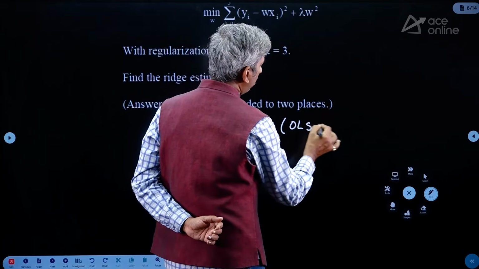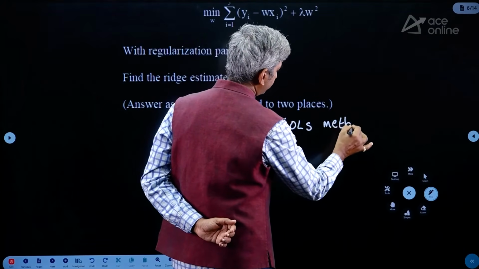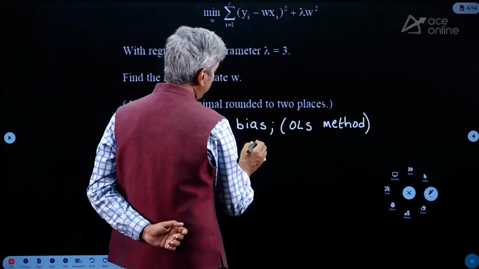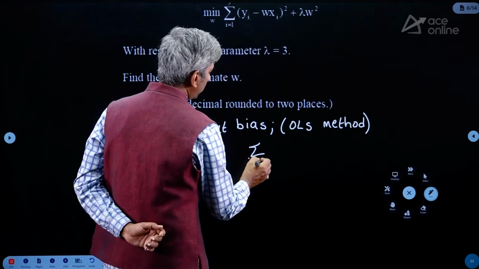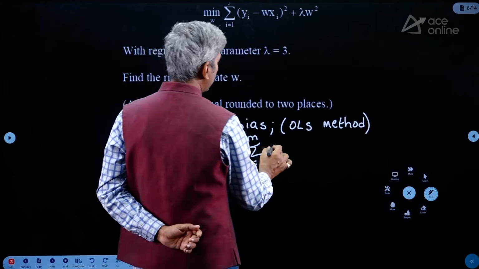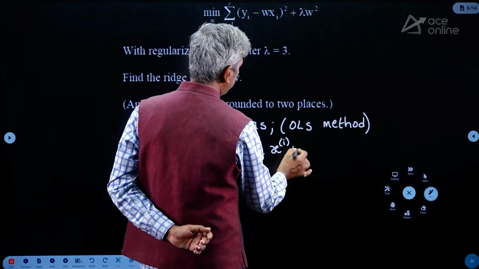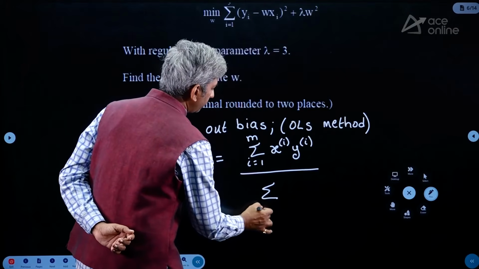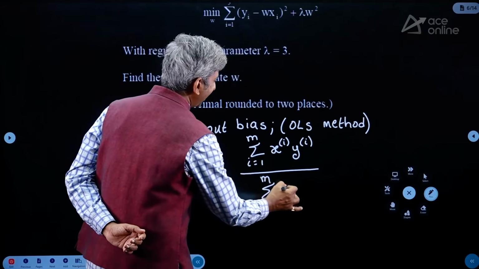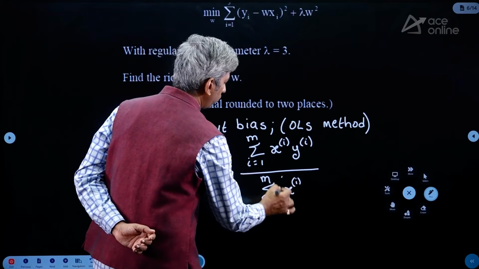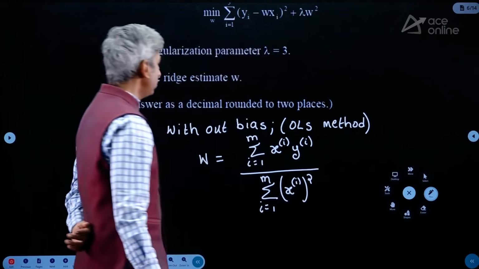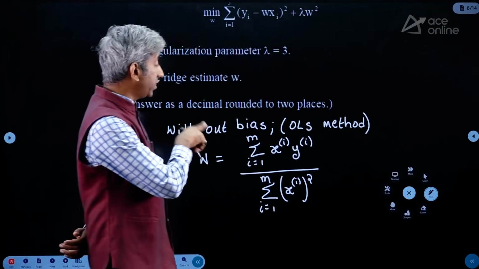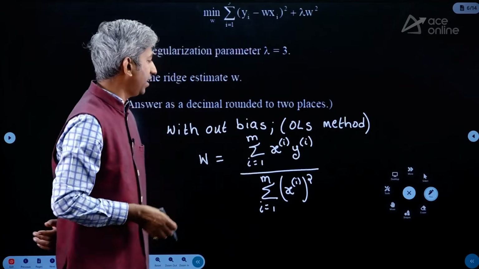By using the ordinary least squares method, the optimal w can be given as summation i equal to 1 to m of xi multiplied with yi divided by summation i equal to 1 to m of xi square. We know that. This is the without-bias expression for w. Here we have no bias and a regularization parameter lambda.